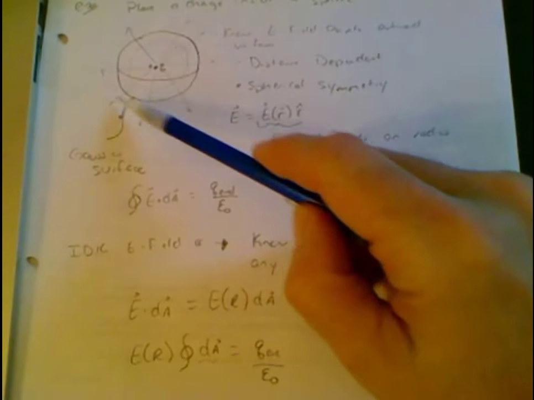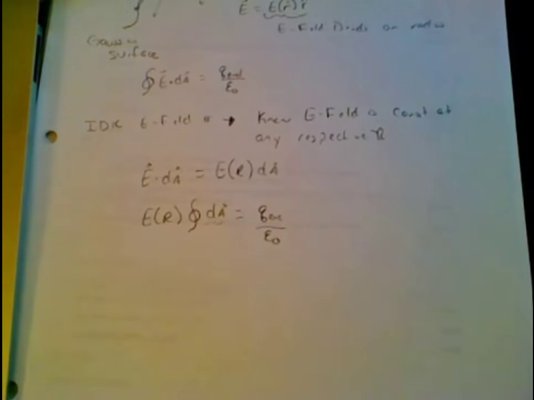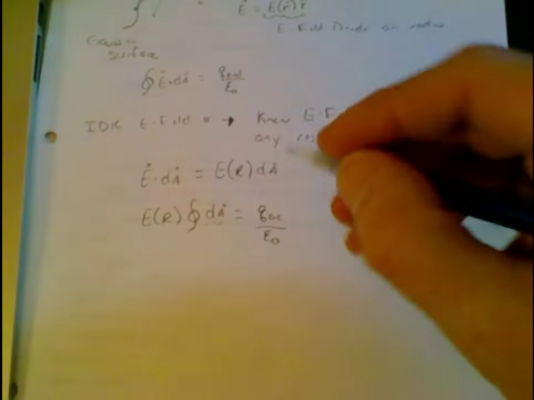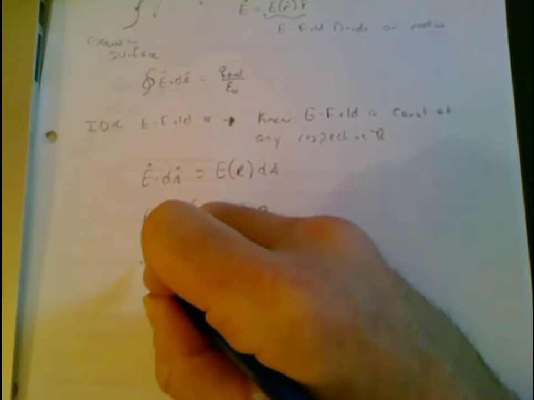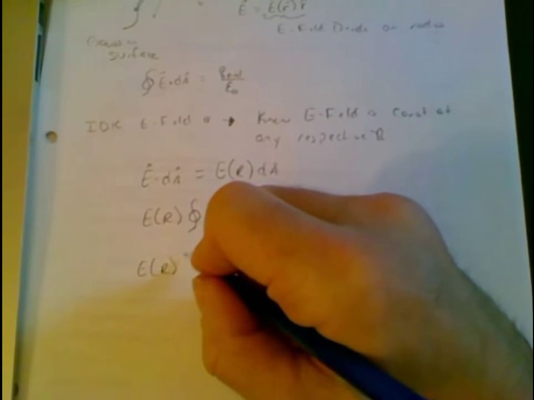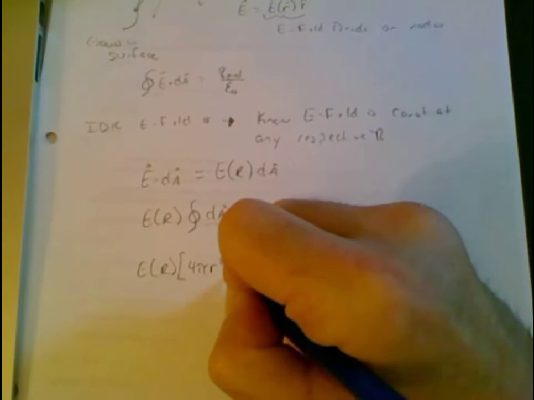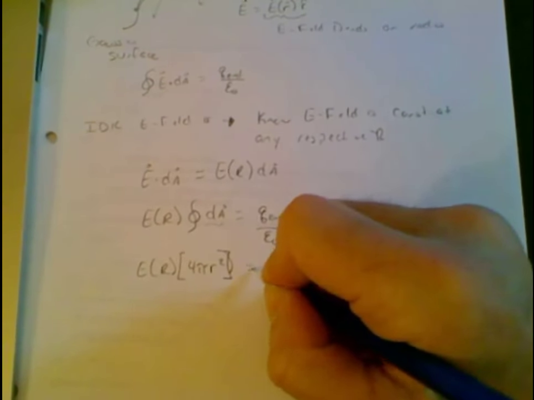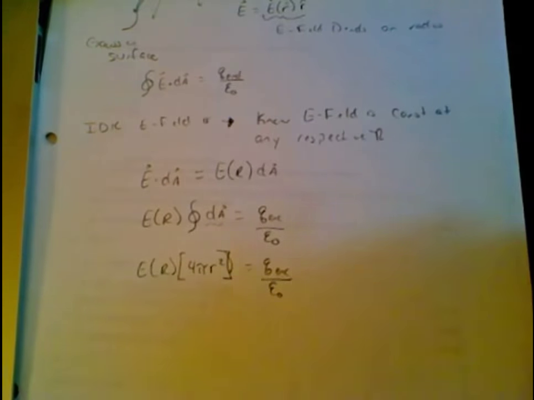We were talking about this Gaussian surface, this sphere, which means my dA is really just the sphere. So when I add up all of my dAs, that's just 4 pi r squared. And that equals Q enclosed divided by epsilon naught.